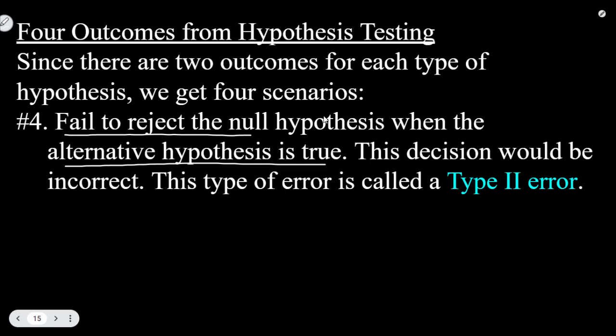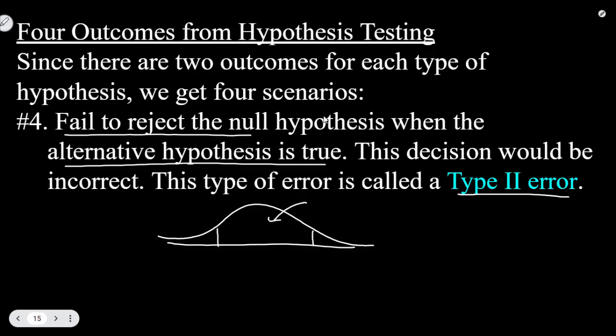This decision, again, is incorrect, and we call this a type 2 error. This would be a situation where we believe the outcome landed in here, and so we failed to reject the null hypothesis, but actually it should have been out in this area where we should have rejected the null hypothesis. So we're going to be identifying these types of errors in this section.